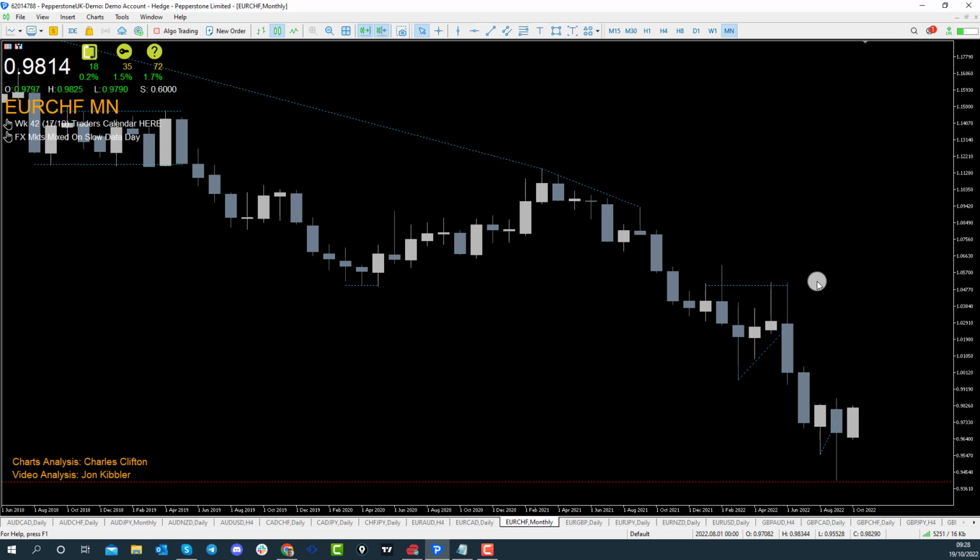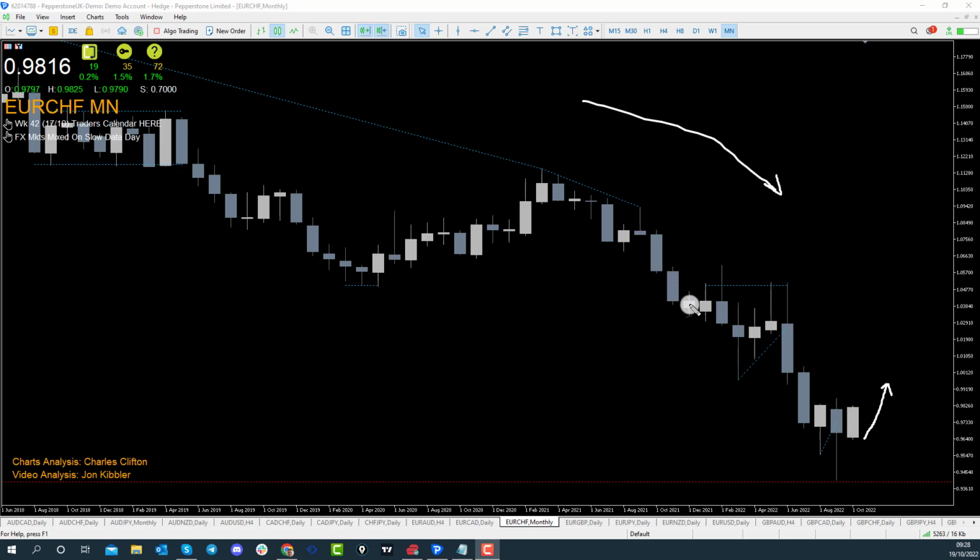So we can see here I'm on the monthly time frame. The reason why I'm on the monthly time frame is we just want to take a bigger picture outlook on euro Swiss at the moment, just to see where price could potentially be heading. You can see here that price looks to be starting a little bit of a pullback move. So the overall trend of the market is down.